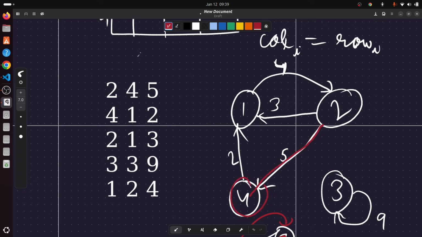So we are at index 4 right now, and we have to reach 2 somehow. So basically I have to find the shortest path from 4 to 2, and that is just this path from here. So 2 plus 4, which is 6, and this initial cost 5, so 6 plus 5 is 11. So 11 is the answer.